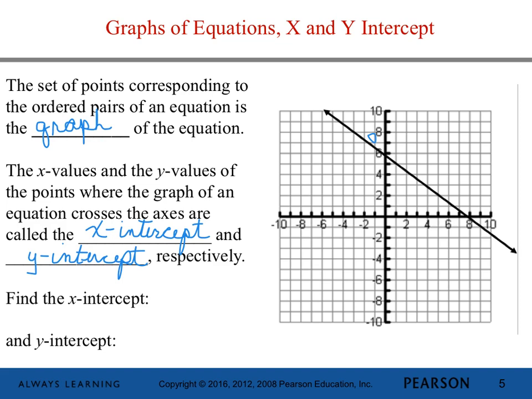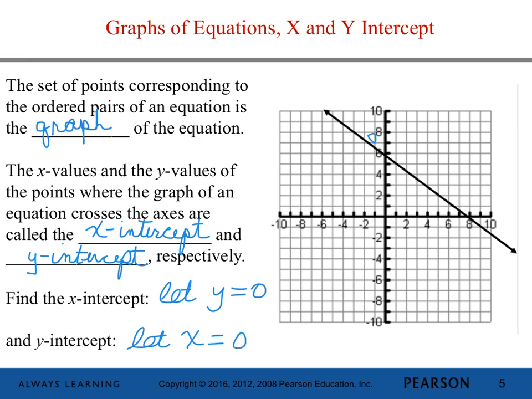To find the x-intercept, you always choose y to be 0. And to find the y-intercept, you always choose to let x be 0.